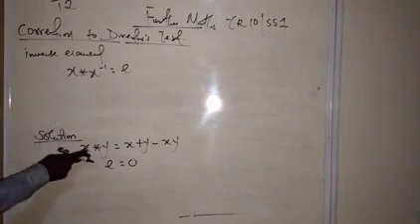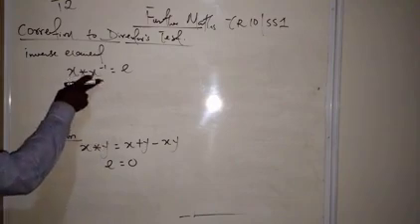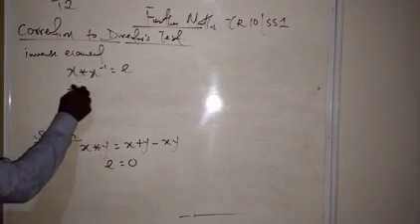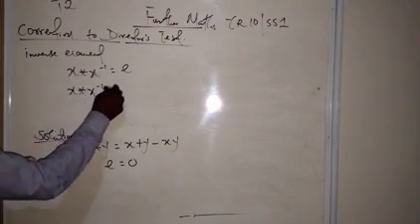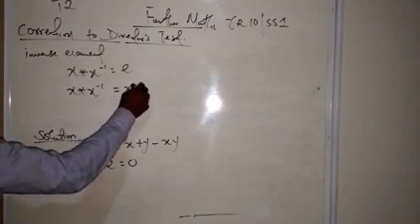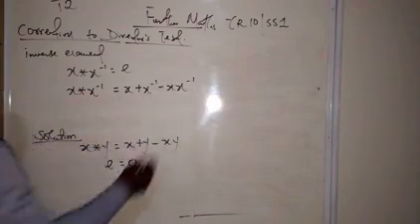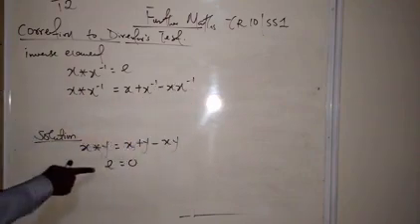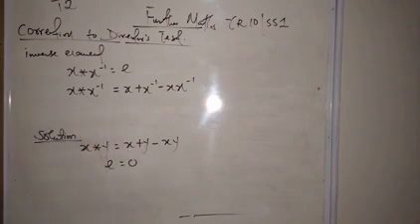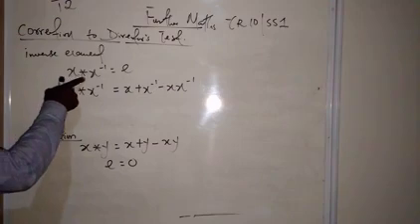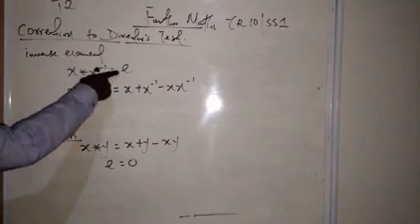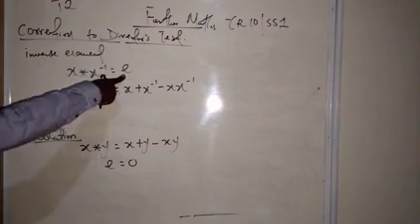So by changing this operation in terms of x inverse, we are going to be having x star x inverse will be x plus x inverse minus x x inverse. So we have replaced the position of y with x inverse, and x operated with x inverse gives us the identity element.